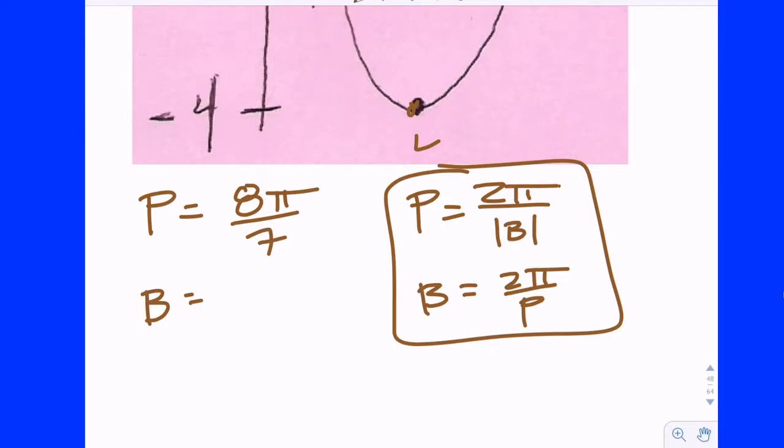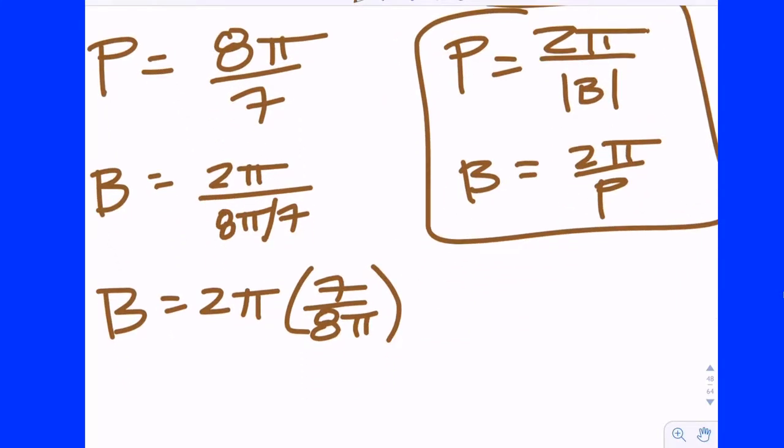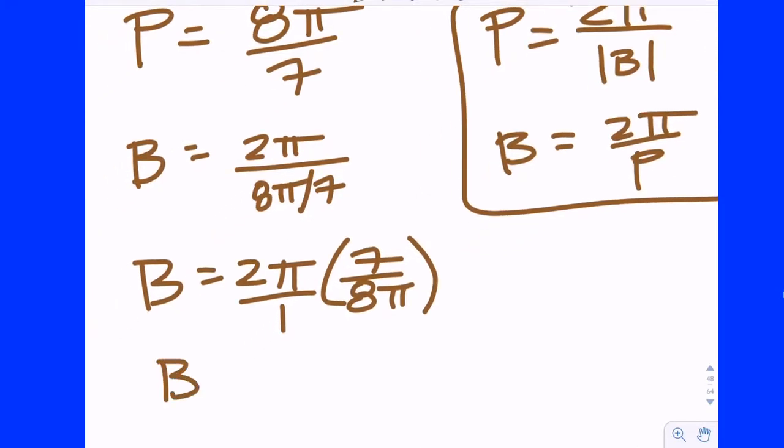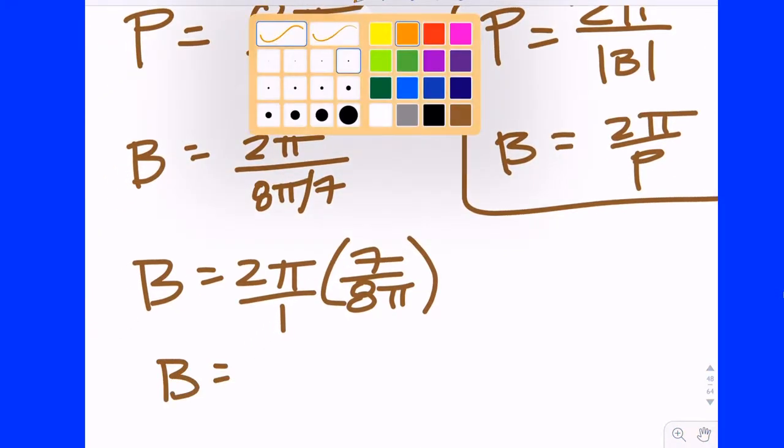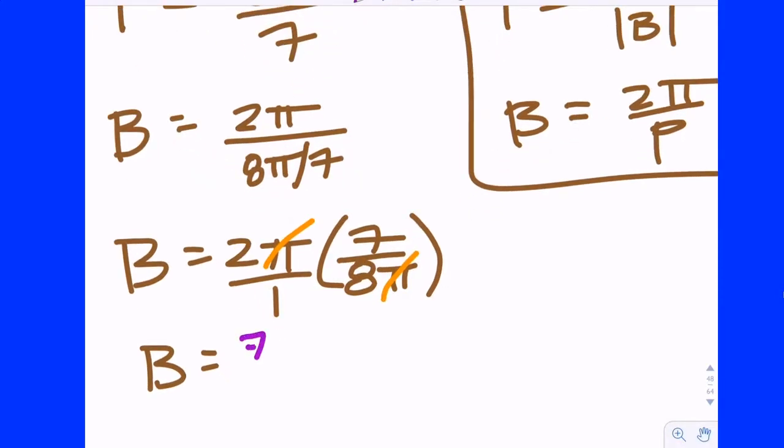So our b value is going to be 2π divided by 8π/7. Well, that's a complex fraction, so stay, change, flip. We get 2π times 7 over 8π, and good things will happen here. What happens with your π's? They divide out. And then 2/8 reduces to 1/4, so you end up with 7/4. There's the b value.